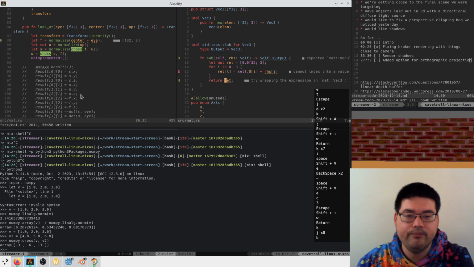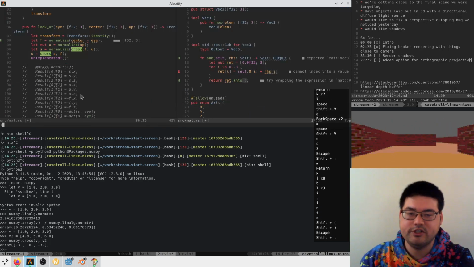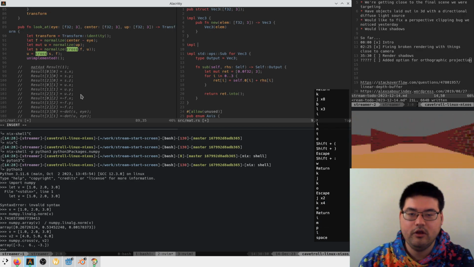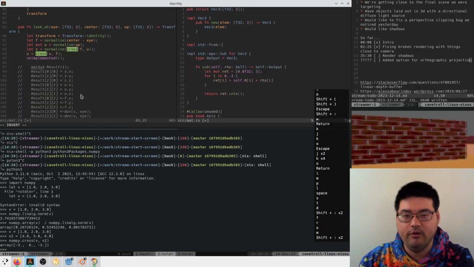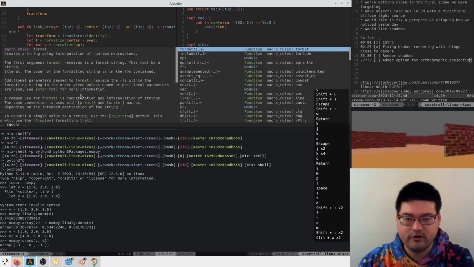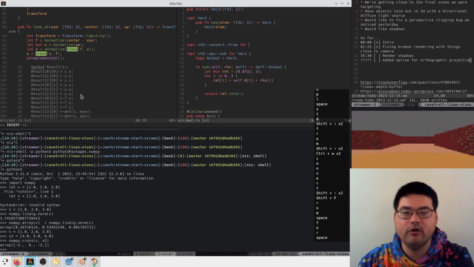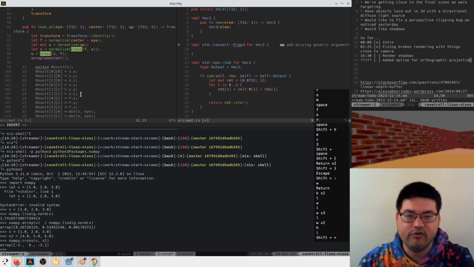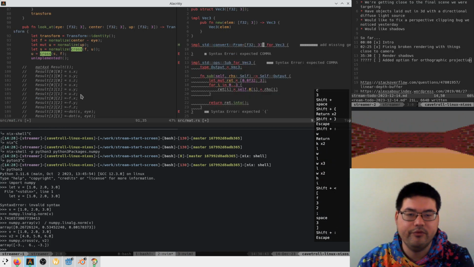Cool. And as you said, I should be able to write ret into here, which means I can do impl, what is it, std convert from for vec3. And do I need to say this is from an f32 by 3 like this, probably?